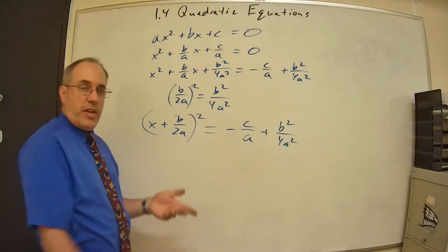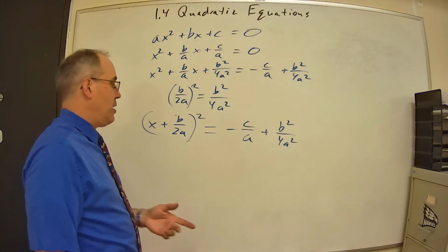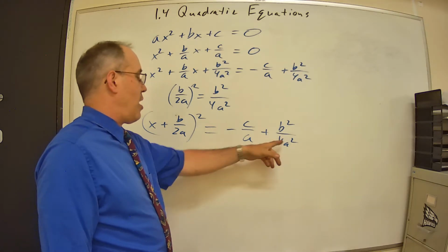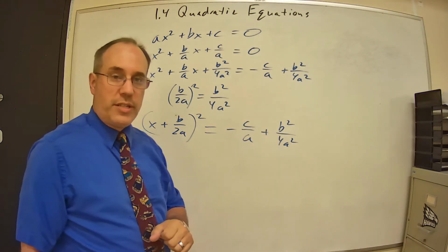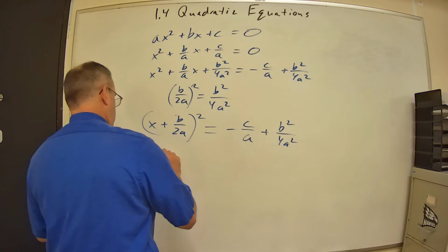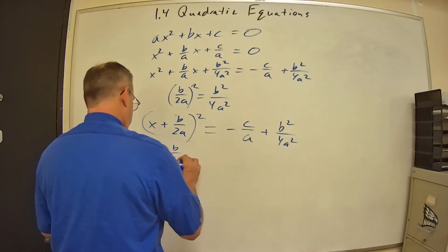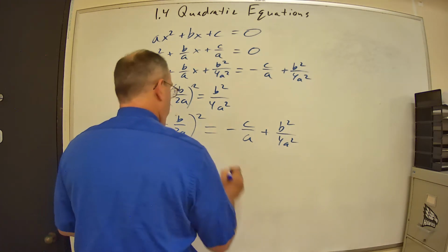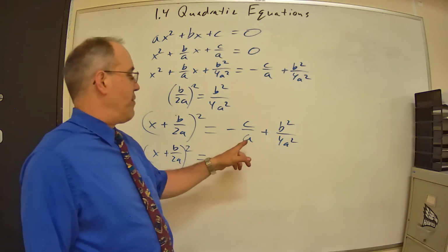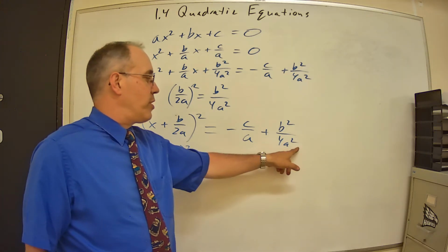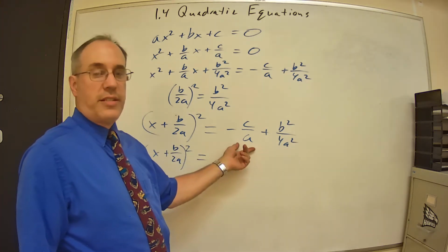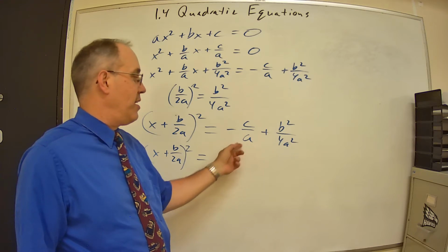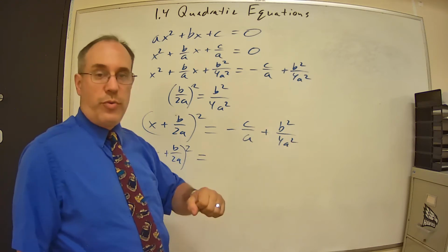Before I use the square root property, I'm going to get a common denominator here and pull this together. So I'm going to leave this as x plus b over 2a squared for a moment and say, well, I've got a here and 4a squared there, so if I multiply this side by 4a, that's going to give me 4a squared.